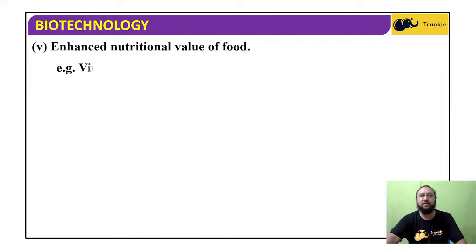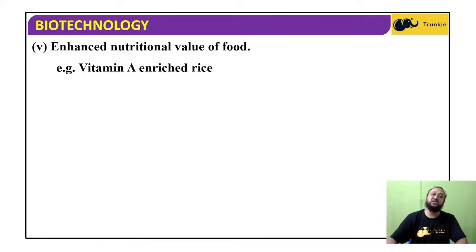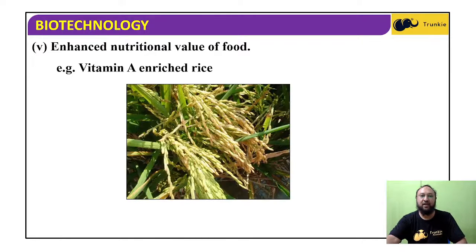Increased efficiency of mineral usage also improves the nutritional value of food, because we are growing crop plants of our interest. We want the nutrients to be as per our interest, for example vitamin A enriched rice. That is also possible due to biotechnology and genetic engineering.